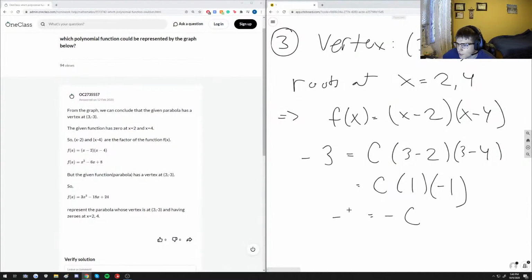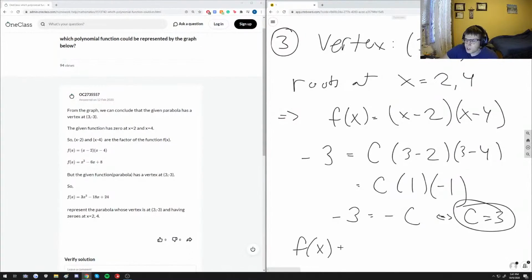So minus 3 is equal to minus c, and that means that c is not equal to 1, c is actually equal to 3. So really what our equation should be is f of x equals 3 times x minus 2 times x minus 4.